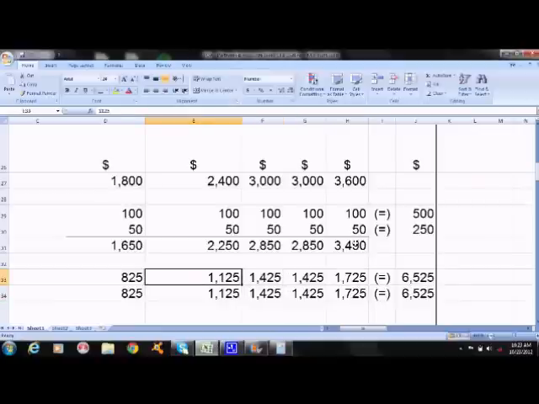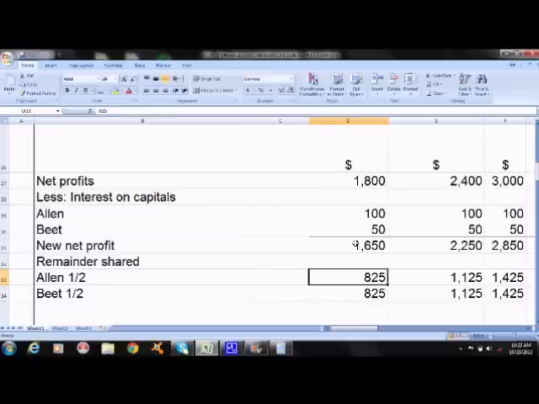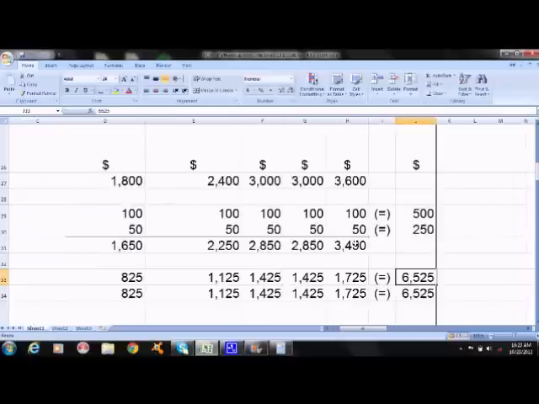So if you add these two together, you'll get this. And when you add up everything across the board, you get a total profit for Allen of 6,525, and the same thing for the other person.